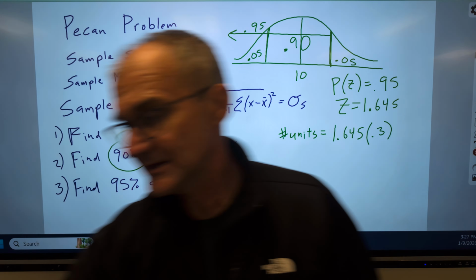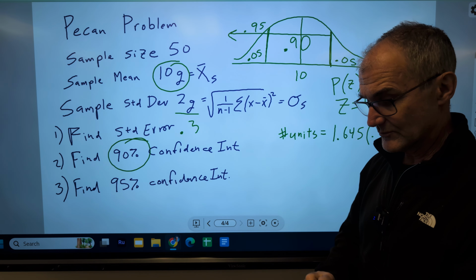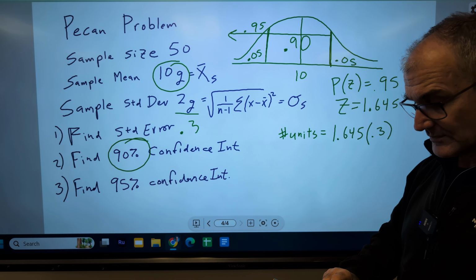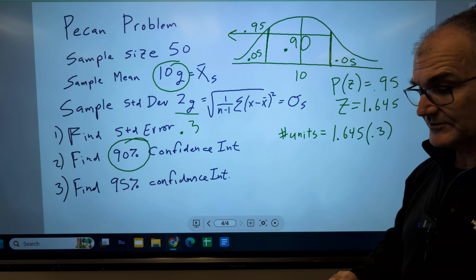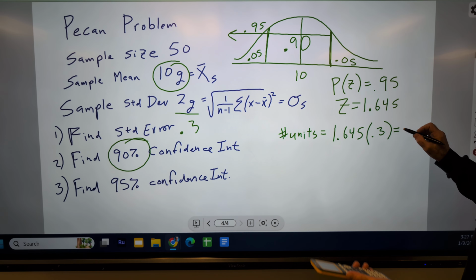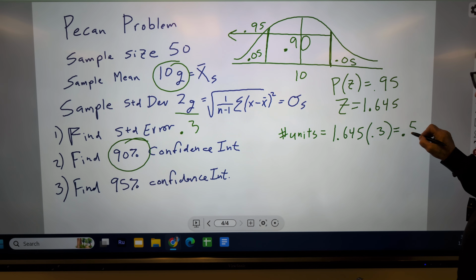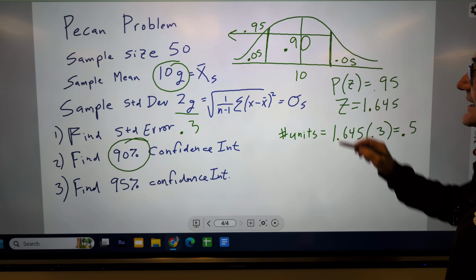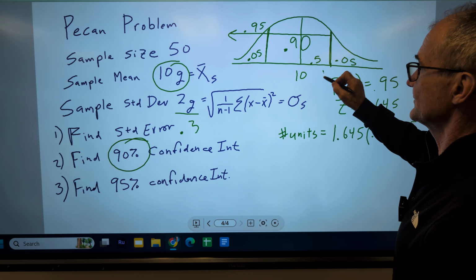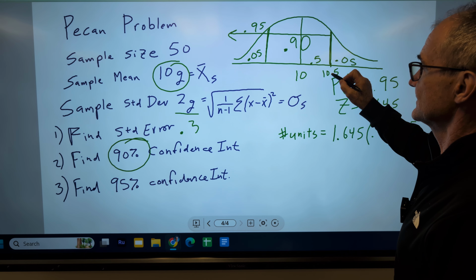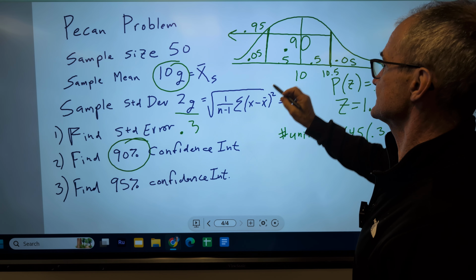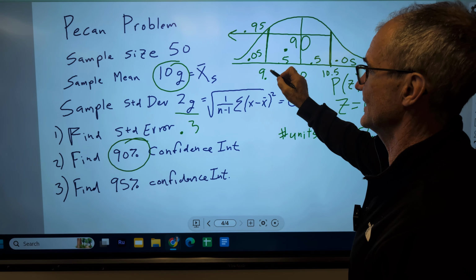So I'm going to take my 1.645, multiply it by my standard error, 0.3, and get 0.4935. I'm just going to round that to 0.5. And I am saying 0.5 units away will put me at 10.5. It is symmetrical, so 0.5 units away in this direction will put me at 9.5.